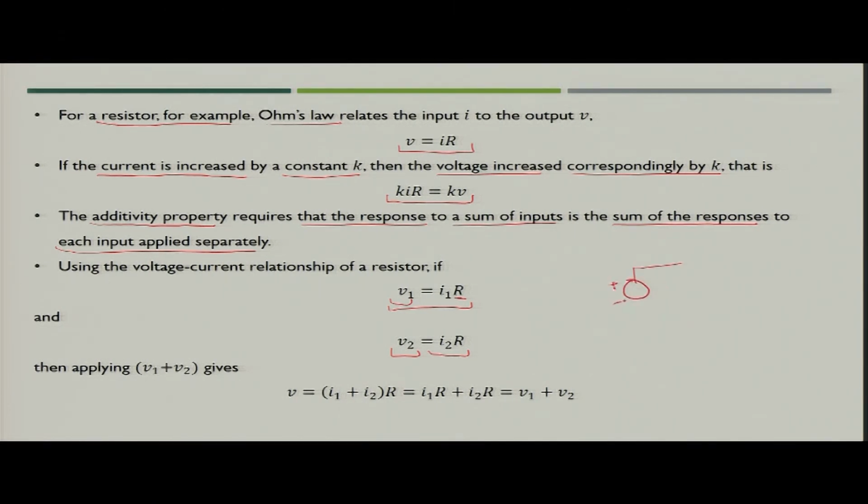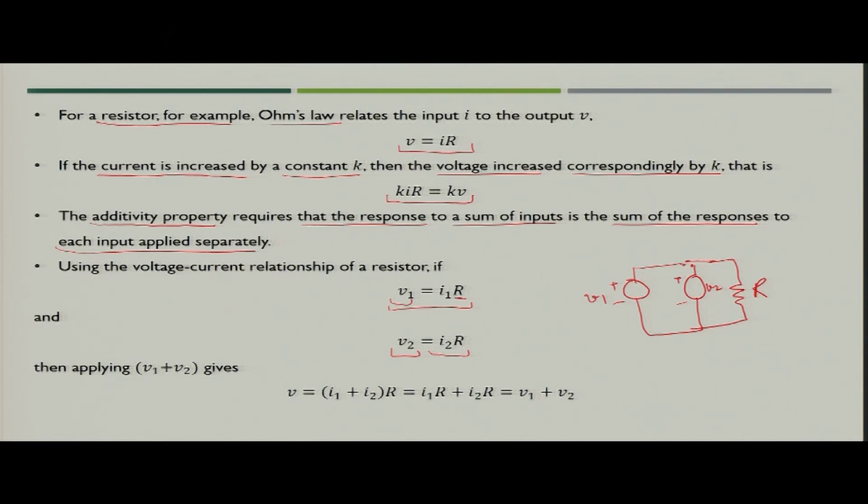Let us take one DC source, and we have resistor R, we have another DC source, and suppose it is connected through some switch. So, you have the switch connected either to voltage V1 or to voltage V2.